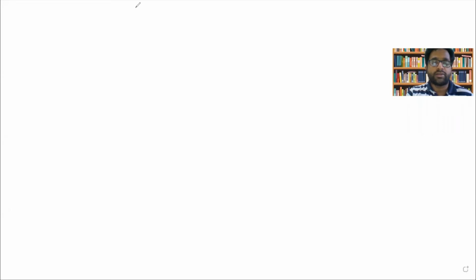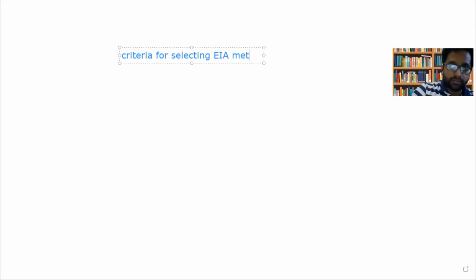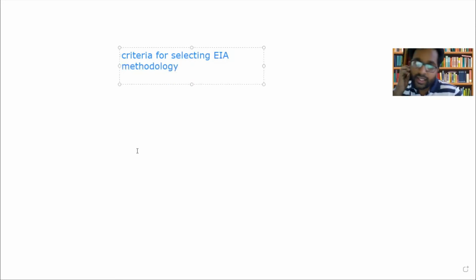Now we are going to see what are the criteria for selecting the EIA methodology. There are 2 things which are to be kept in mind while an EIA methodology is being selected.